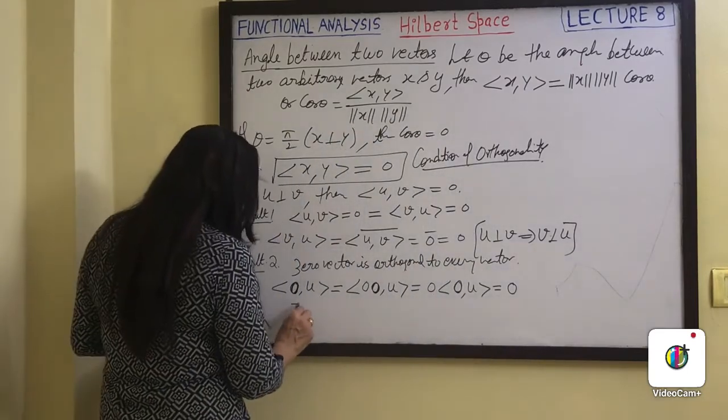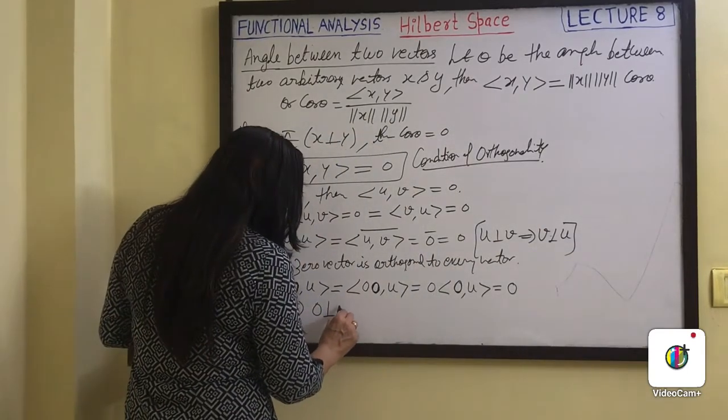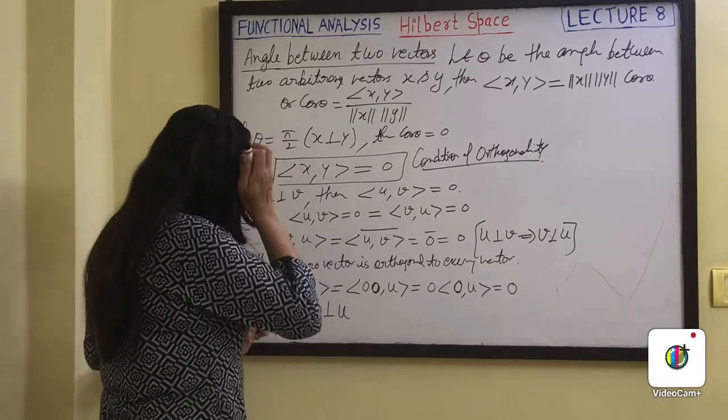So this implies 0 is perpendicular to u.